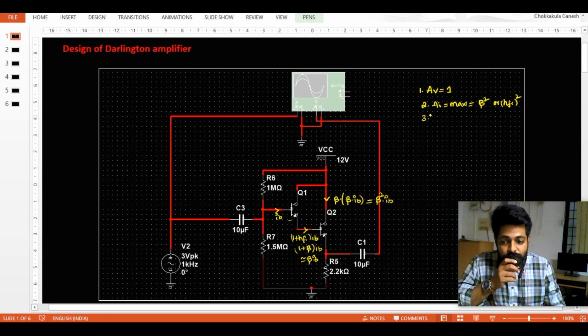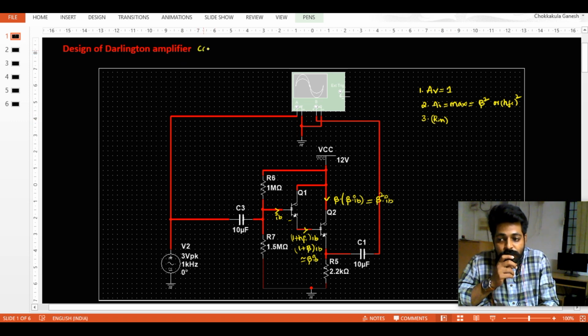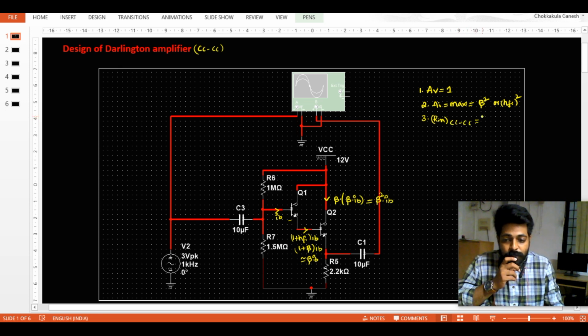Coming to the third one, the input resistance of my Darlington pair. We call this CC followed by CC. So the input resistance of a common collector followed by common collector Darlington amplifier should be maximum.